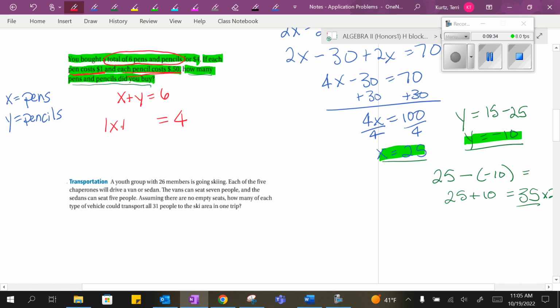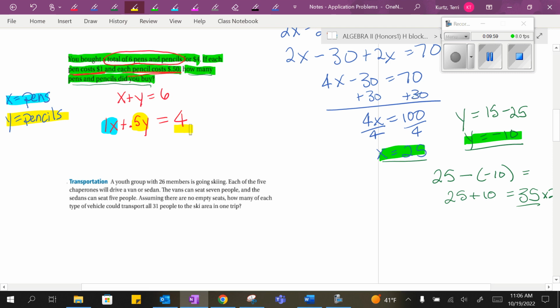So I'm going to multiply however many pencils I bought by 0.5. So I can see that my pens cost $1, my pencils cost 50 cents, and I spent a total of $4. So these are my two equations. Okay, I've taken care of all the information I was given.